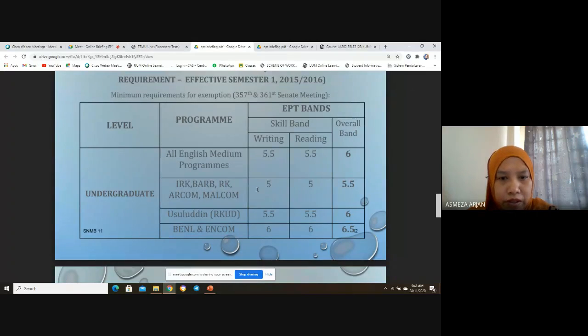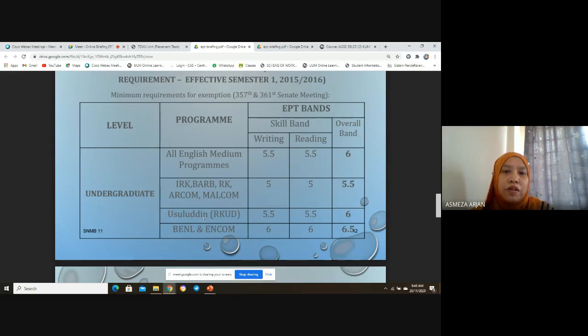If you look at here, Usuluddin RKUD, I'm not sure whether any of you are taking Usuluddin. Even though this is considered a religion subject, Usuluddin requires you to do comparative learning, and there will be subjects that are conducted in English.